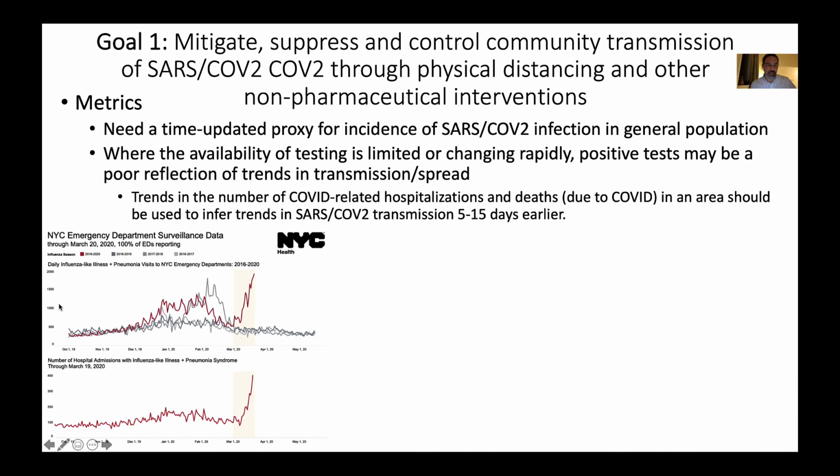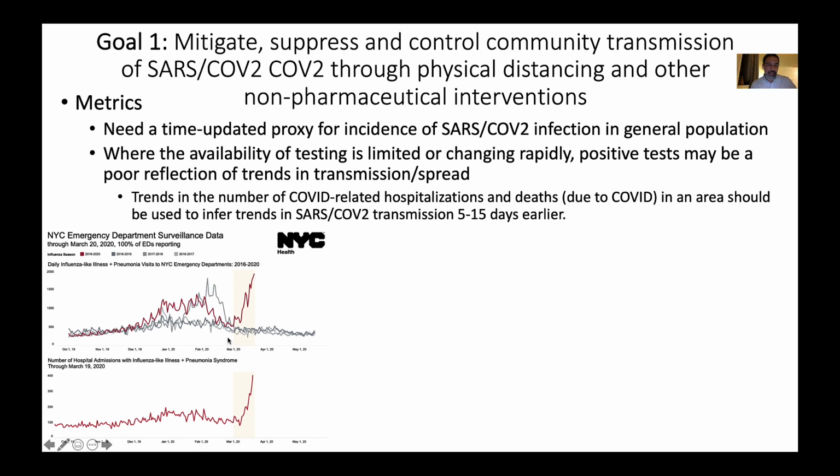And you can see here, looking at the trends in emergency department visits on the top, and admissions to the hospital from the emergency department on the bottom, in red, this is showing the flu epidemic for last season, and then subsequently the rise in emergency department visits that happened as a result of SARS-CoV-2 spreading in New York City.